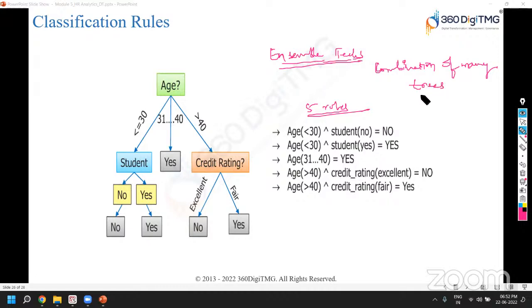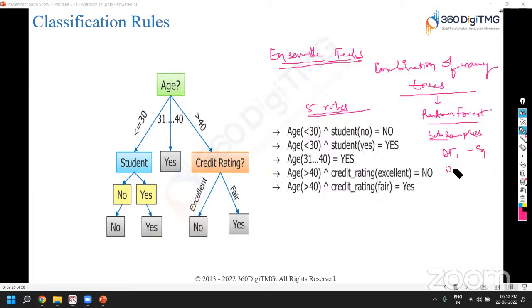This combination of many trees has different approaches, but one approach that we can talk about is random forest. The name of the approach is called random forest. In this random forest, we will take subsamples of the data, and on each subsample, we'll apply a decision tree.